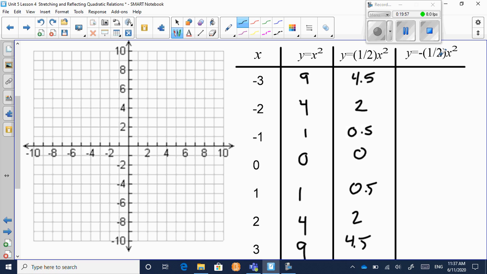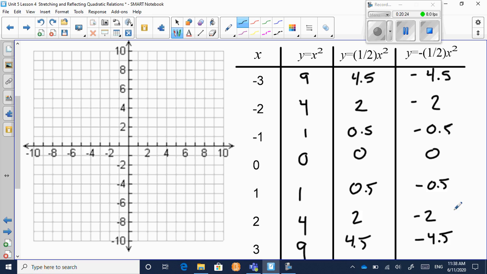And then finally, if we implement the negative 1/2, it becomes negative 4.5. Notice how we're just modifying those values. Negative 2, negative 0.5, 0, negative 0.5, negative 2, and negative 4.5. So that's kind of the process of implementing the different A's.